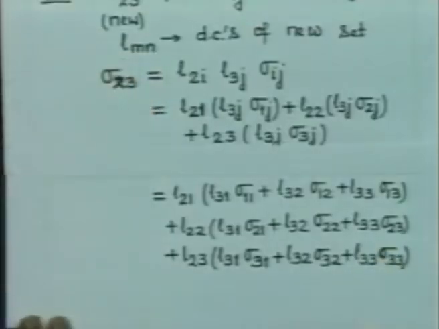So, you can go on writing the value for the stress component sigma 23 in the new system from the old system, knowing the direction cosines of the new set of axes.